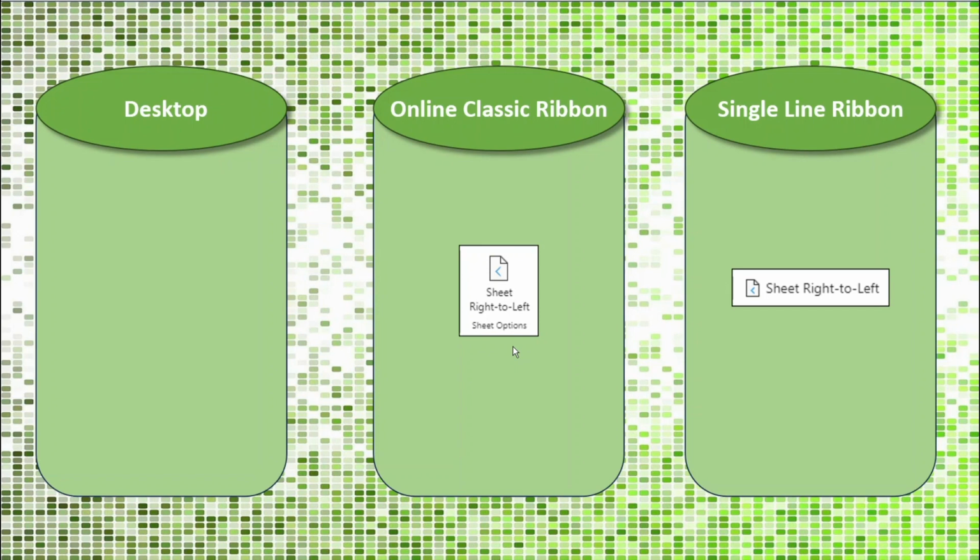And so the Sheet Options Sheet Right to Left is only found in the Online Classic ribbon and the Single Line ribbon. However, before we leave the sheet options, there are other things that we need to look at.